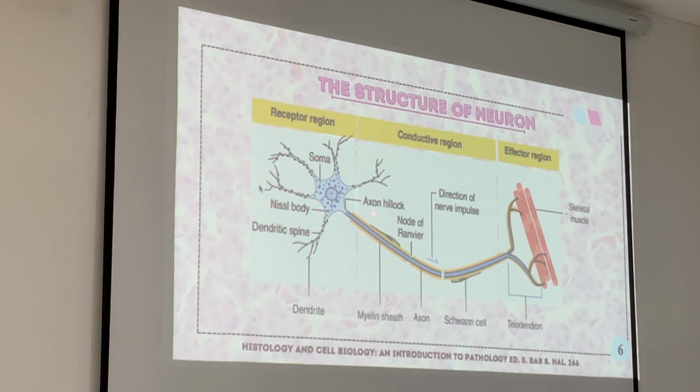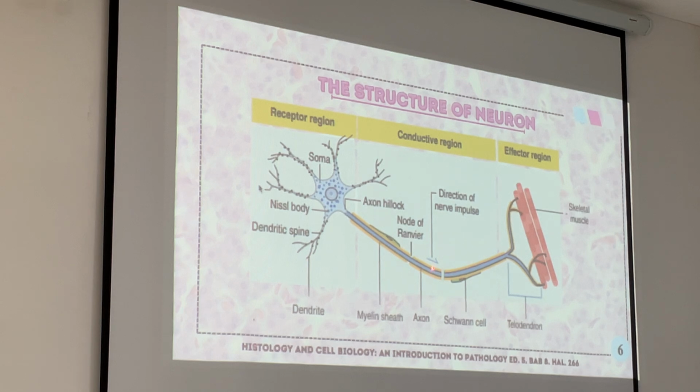actually it's Schwann cells that produce the myelin sheaths in the peripheral nervous system. And then some of the myelin sheaths actually do not cover the axons. It's what we call the node of Ranvier. The function of the nodes of Ranvier is to pass the electrical signals from one to another.